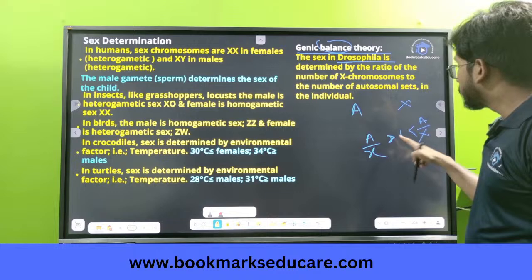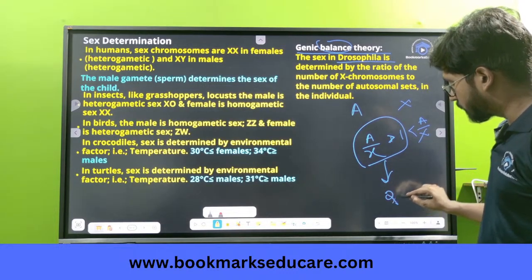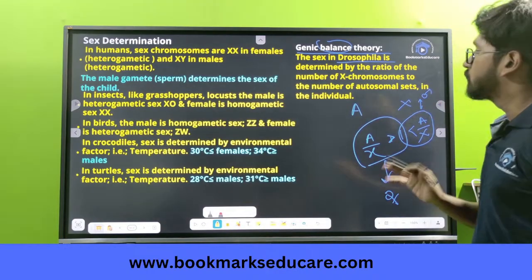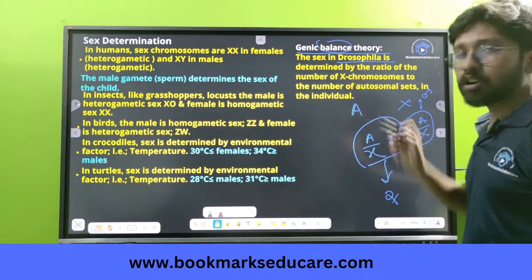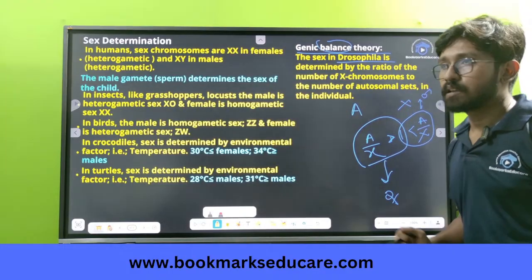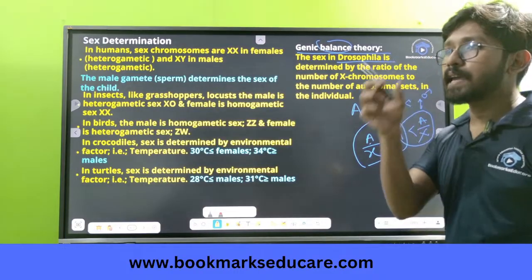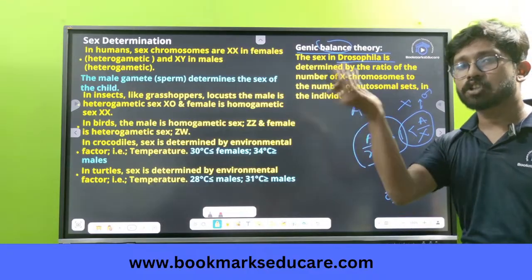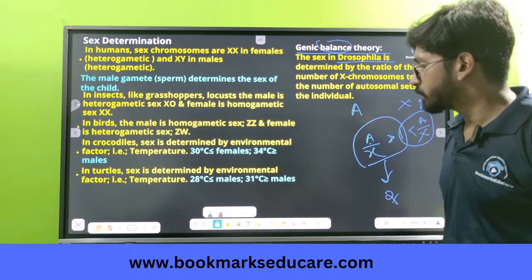If it is greater than or equal to 1, you will always get female. If it is less than or equal to 1, you will get male. It is as simple as that, but not simple, because neither autosome nor X chromosome alone is determining the sex. This is a ratio, meaning in some cases if the autosome number is aneuploid or polyploid, as in the number got increased or decreased, the ratio of sex changes in the population itself.